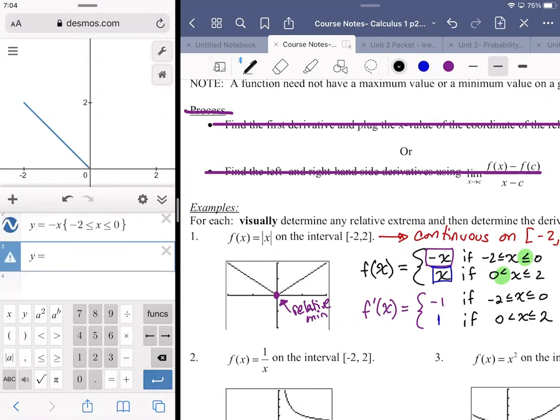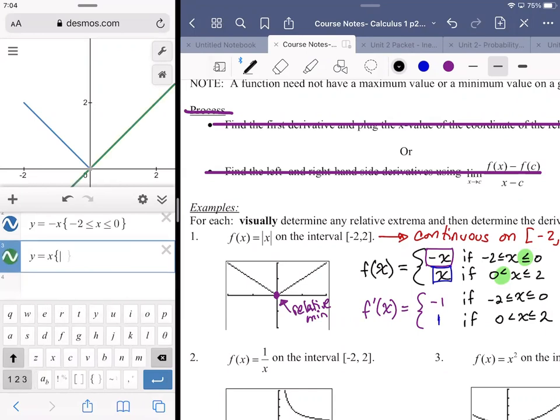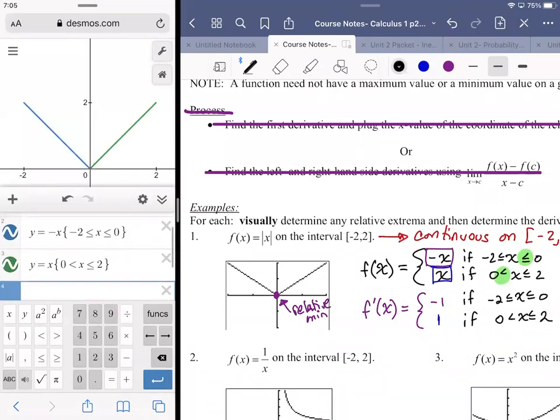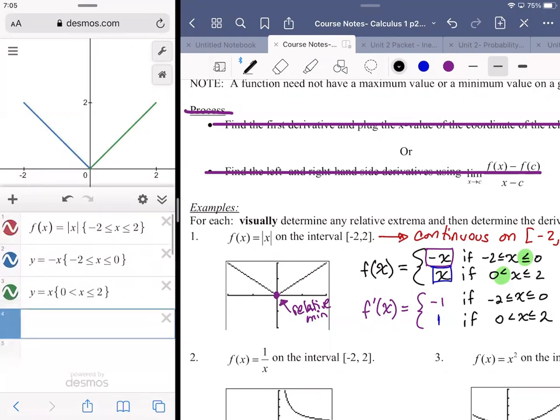Y equals +x, going from 0 to 2. All right, so verifying that the two pieces do in fact make up the same function. Kind of important, I would think. We want to make sure we're doing it right.